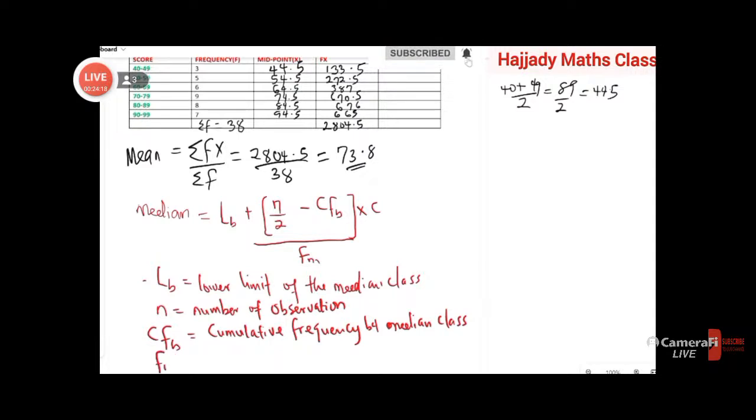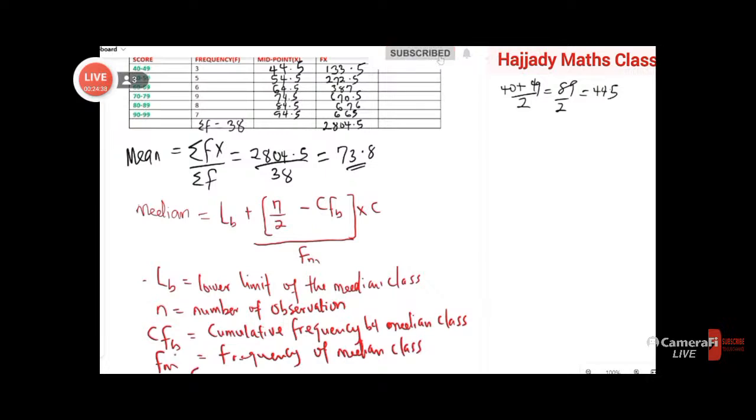And we have our F subscript M, which is the frequency of the median class.